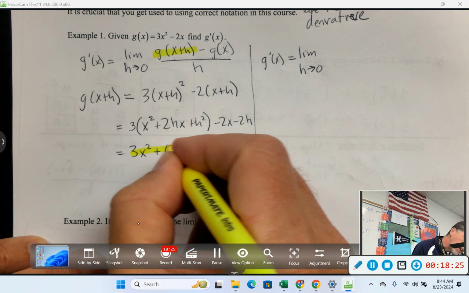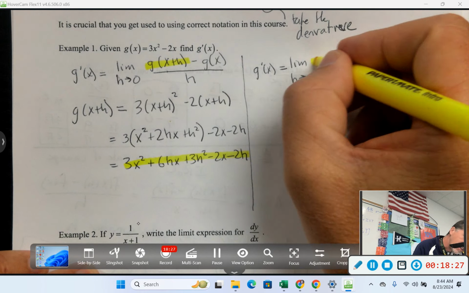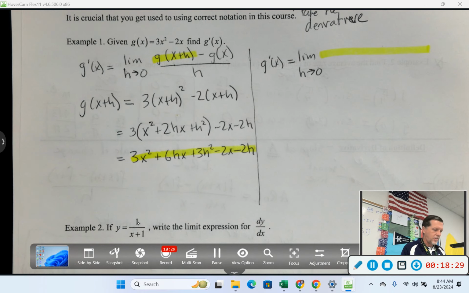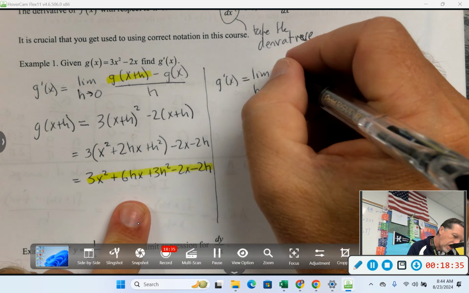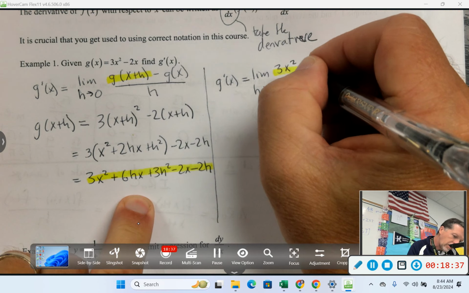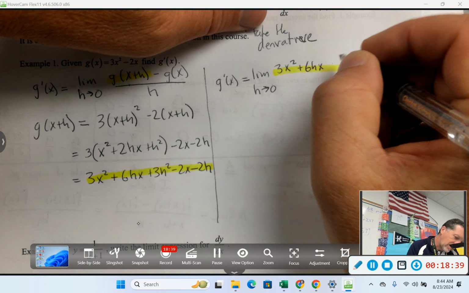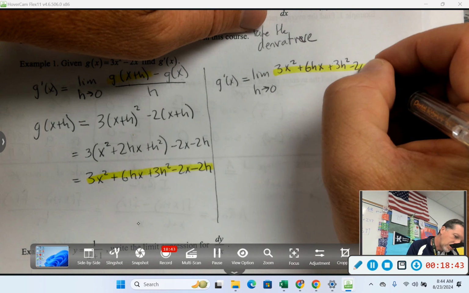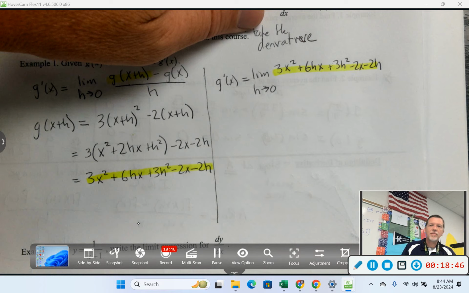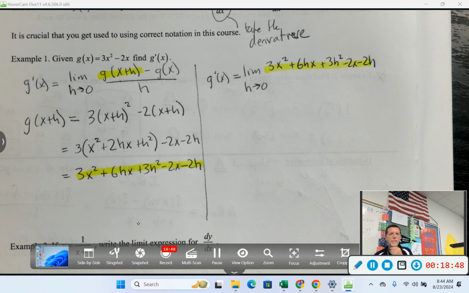g of x plus h is all of this stuff. I'm already running out of room, so let's see if I can write small and fit it in there. 3x squared plus 6hx plus 3h squared minus 2x minus 2h. Made it fit.